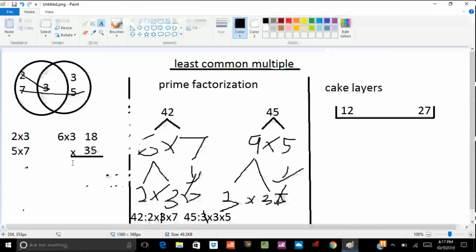After that, we need to multiply. I'll use a brush this time. So 5 times 8 is 40.